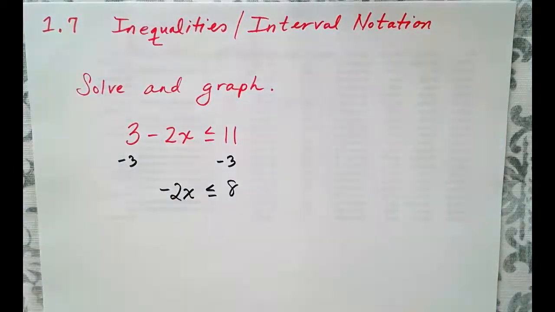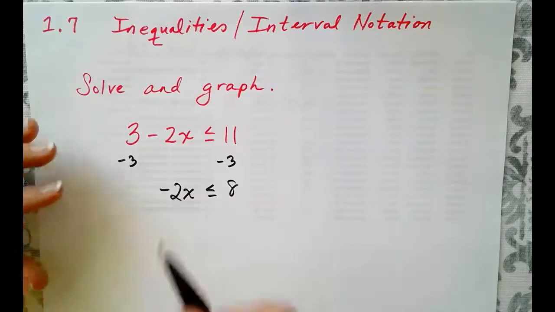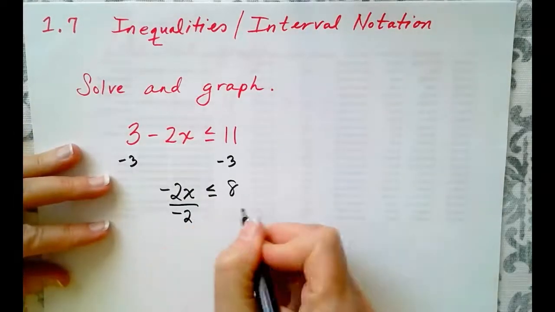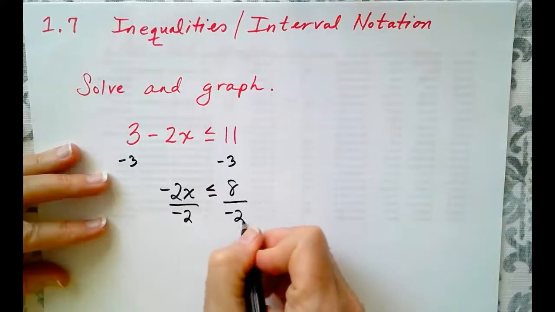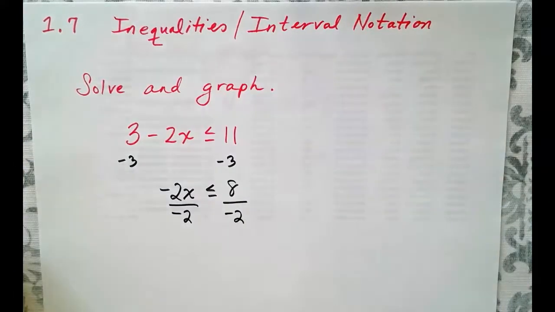8. And we have negative 2x, which means that we need to divide by a negative. And an easy way to think about dividing both sides of an inequality or multiplying both sides of an inequality by a negative, it's kind of like throwing the Uno reverse card.